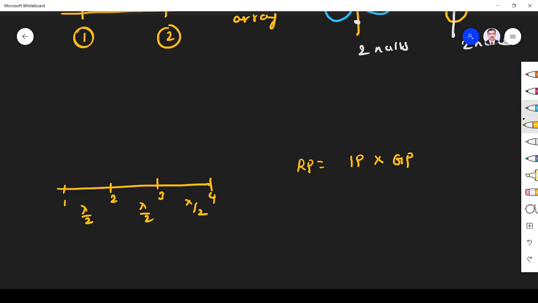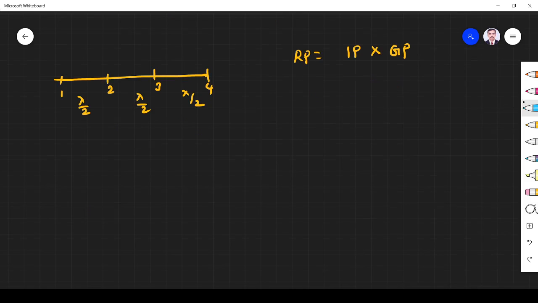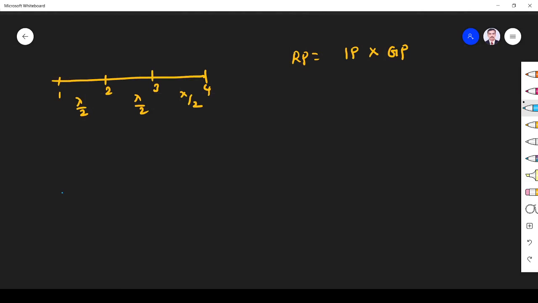Fine. So how we are going to do this is, first we consider these two as one antenna. So 1 and 2 as one antenna. If we have two antennas separated by a distance of lambda by 2, we know what the radiation pattern is. The radiation pattern will be number 8. Array of 2 point sources.